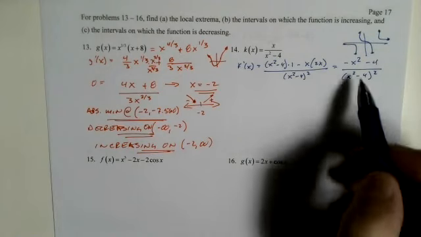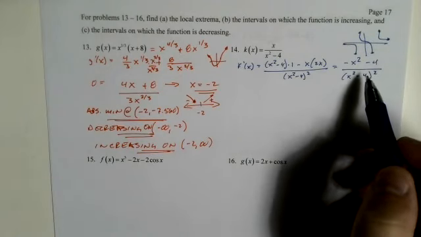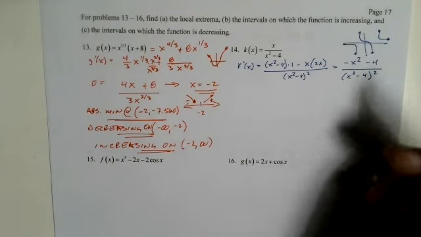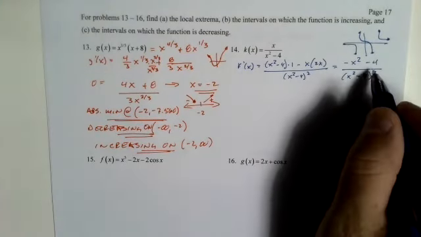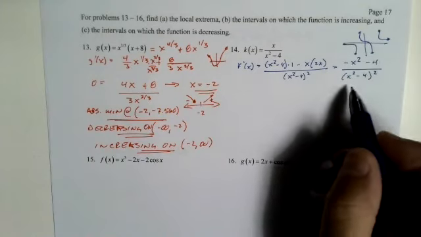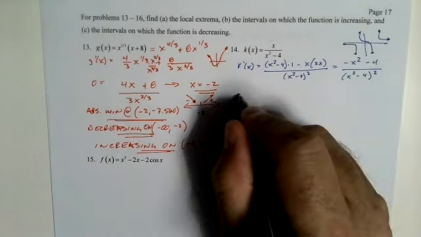So where does negative x squared minus 4 equal 0? Where does x squared equal negative 4, which doesn't happen. So yeah, we just look for the asymptotes.